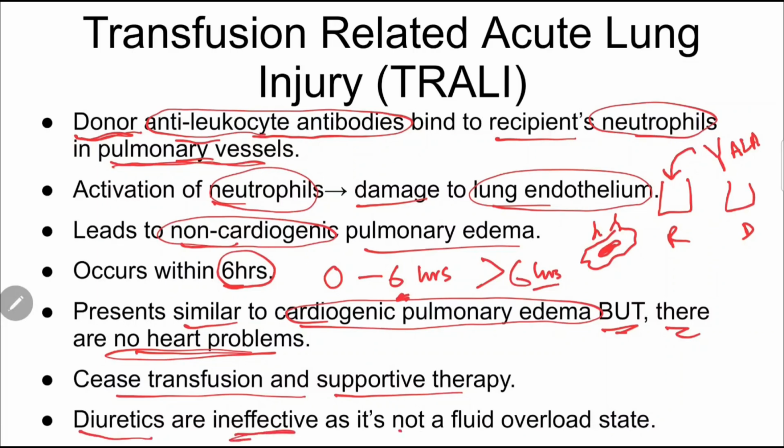Because it's not a fluid overload state. There is no increased fluid volume inside the body, but rather there is damage to the lung parenchyma. It is the damage of that alveoli interface with the blood that leads to leakage of fluid inside the alveoli, and because of that there is pulmonary edema and breathing problems. Okay, so that's what really goes on.